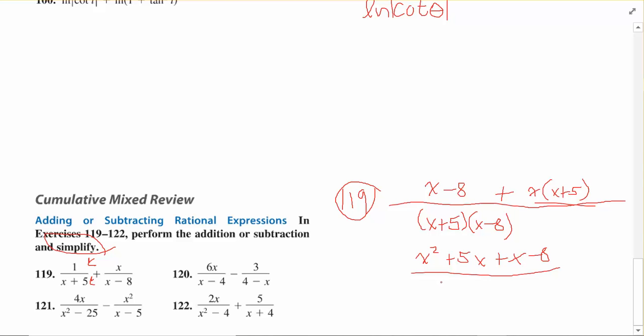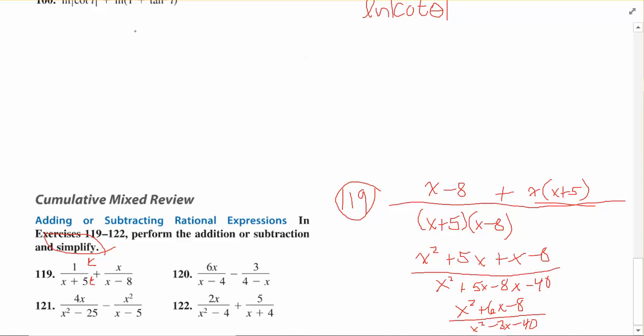And on the bottom, I'm going to end up with x squared plus 5x minus 8x minus 40. So that finally gives me on the top x squared plus 6x minus 8, and on the bottom x squared minus 3x minus 40.